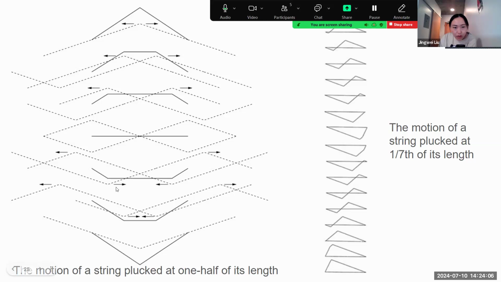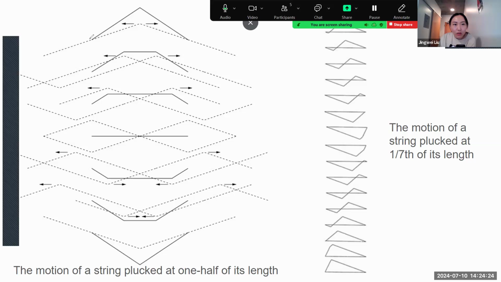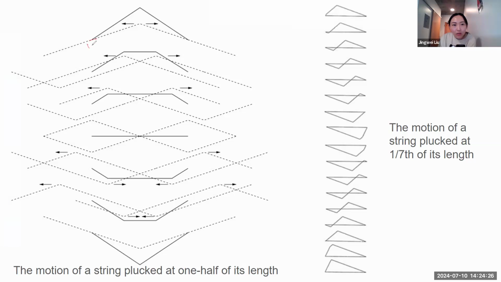And then the two waves will move towards each other, and they will meet, and this position is exactly the opposite, or the reflection, of the initial position. So this is what will happen when you pluck the string at the middle. Okay, so this is x equal to 0, this is x equal to L, and this position is the middle position, x equal to L/2.